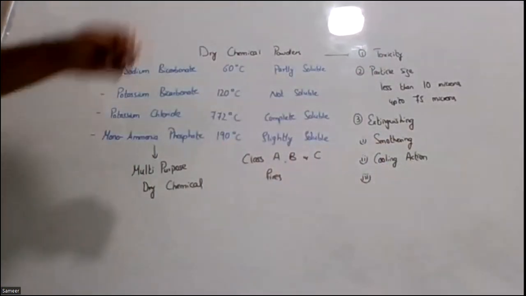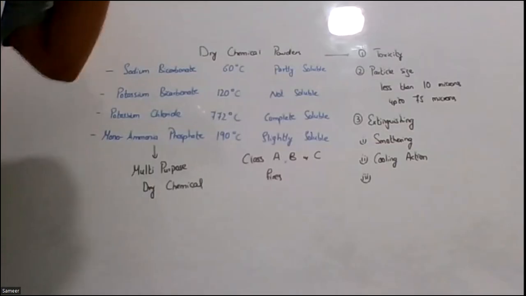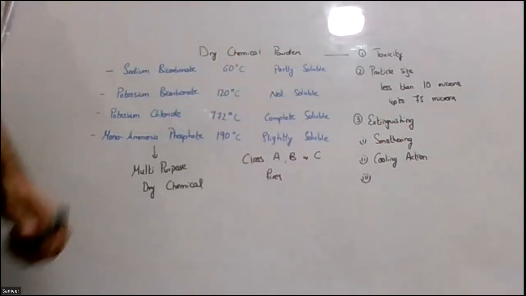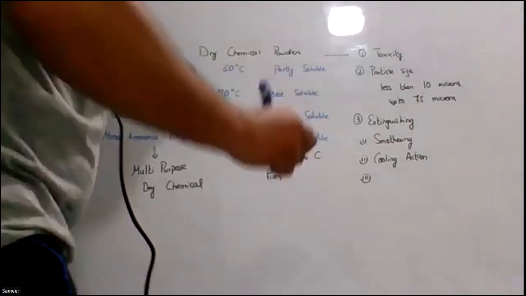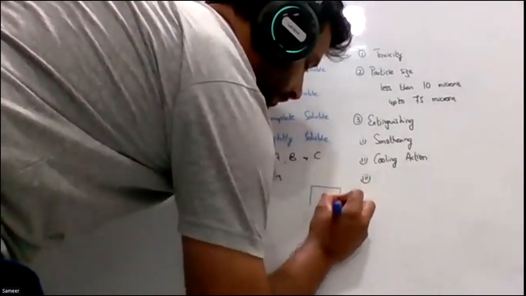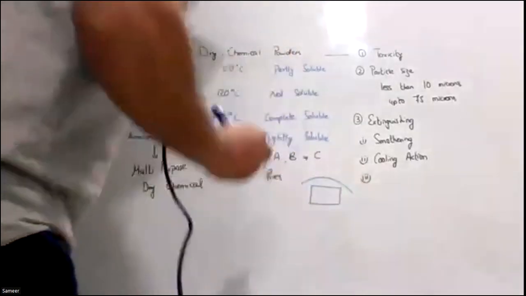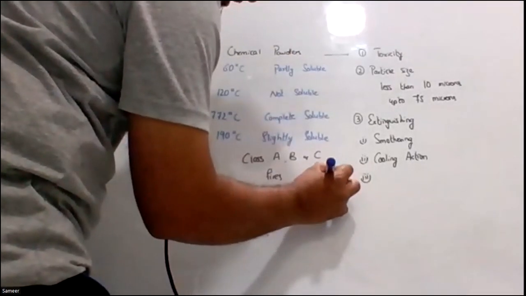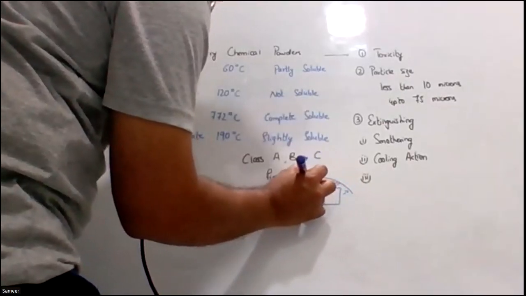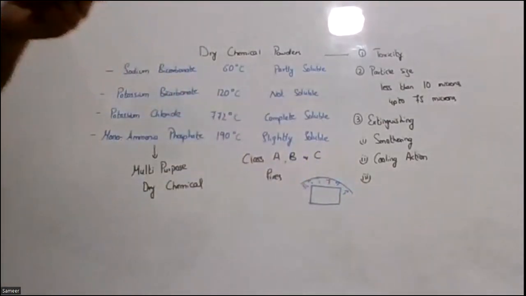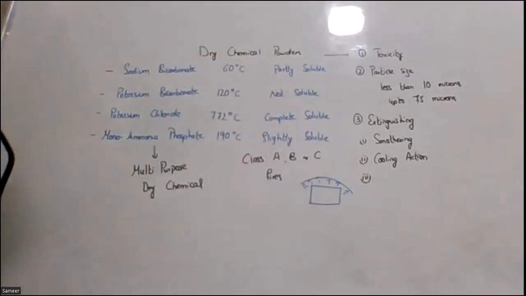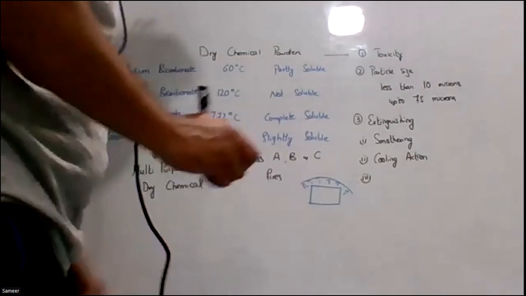Three, whenever a dry ABC powder is applied on the top of the flame, it covers the whole material. So it does not allow the radiation to go towards the nearby materials, because the powder completely covers up the whole material. So it has radiation shielding.